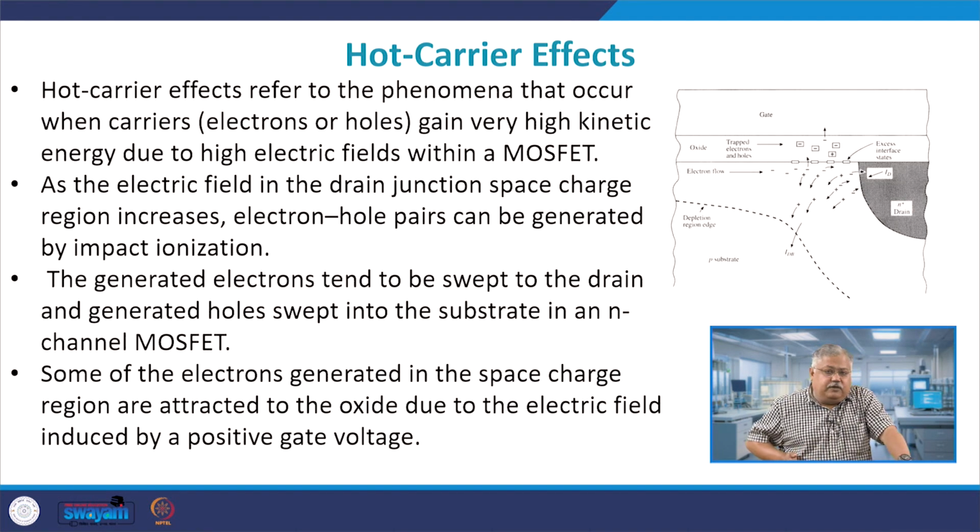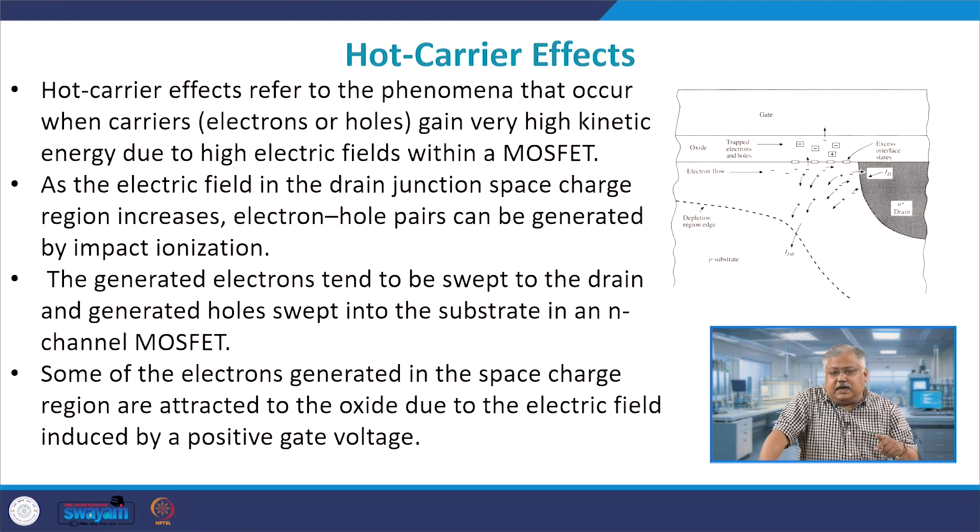Let us suppose the electron is moving, a high electric field is generated, and the electron gains energy. While doing so, let us suppose it enters a space charge region and generates a large number of electron hole pairs by impact ionization. What is impact ionization? A very high velocity carrier comes, strikes one of the charged particles, energy is given to the lattice, and the energy is more than the band gap of silicon, so there is a sudden generation of an electron and hole pair, right.